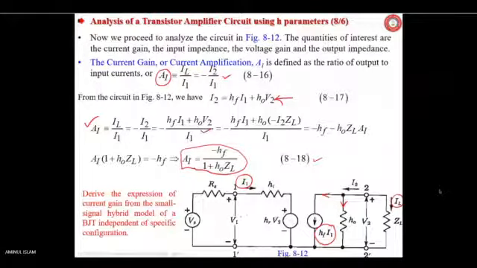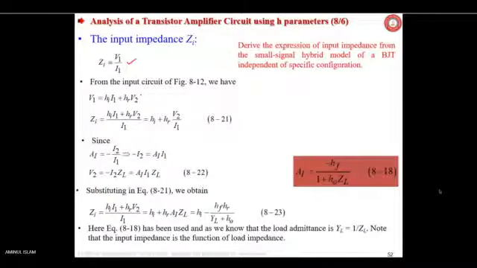V1 equals what? It is a voltage divider, remember that. At this point, V1 equals the voltage across this, that is I1 HI, plus this voltage generator HR V2. That's what is written here. V1 equals HI I1 plus HR V2. Is it understood?